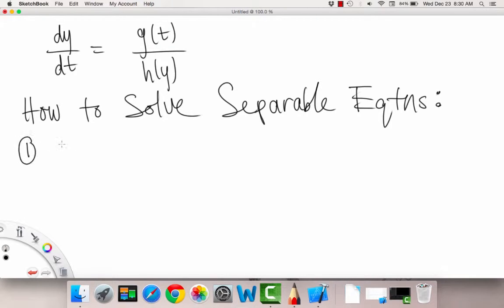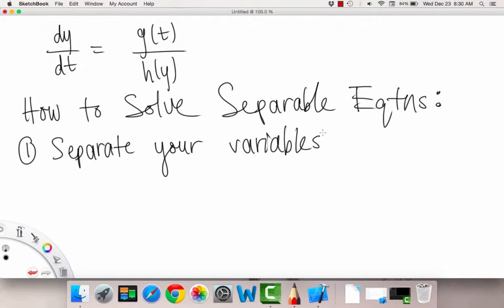The first thing is going to be to separate your variables. By separate, we mean sort them so that we have all of one variable on one side and all of the other variable on the other side. In this case, for this equation, we would move all of the y stuff to the left side.